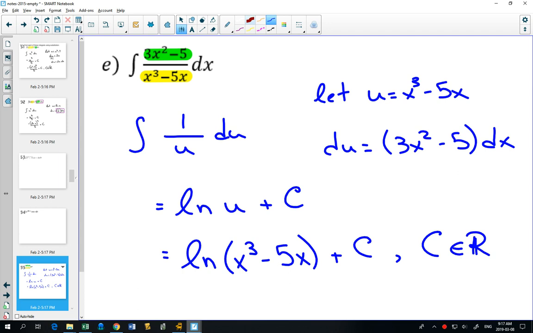And I think this is the first really good example where your brain might not have said, I can see that right away and just integrate directly. Using substitution was really helpful in this situation for me to see it.